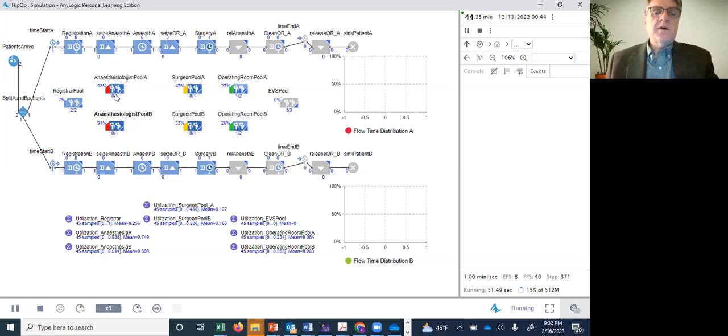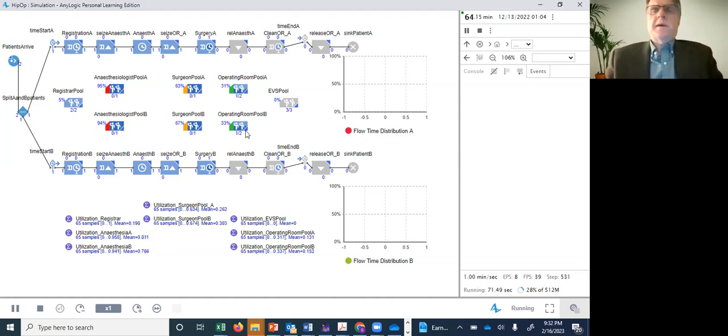You can see the color coding of the utilization of the anesthesiologists, of the surgeon pool, and of the operating rooms. Because there's a warm-up here, those utilizations are rising. There was no utilization at the outset, but through the day, they're going to obviously be used more.